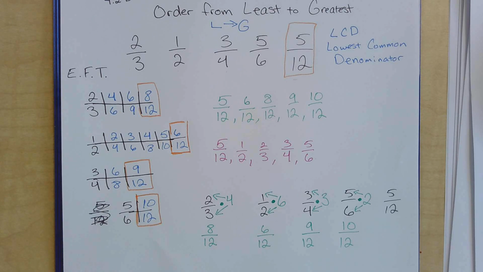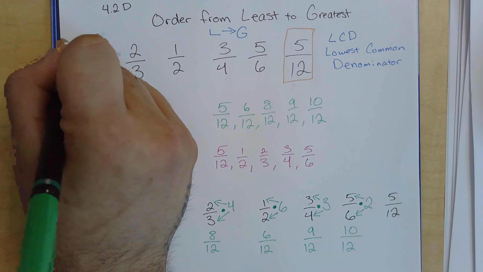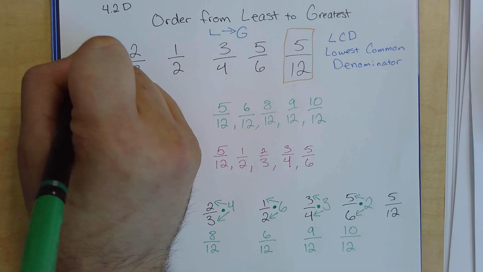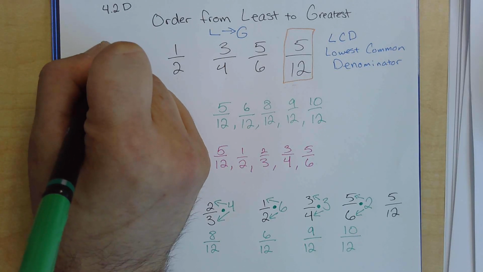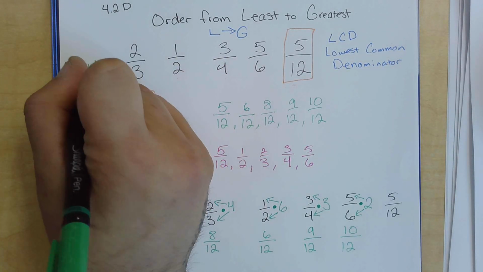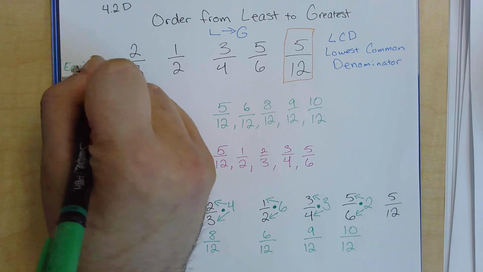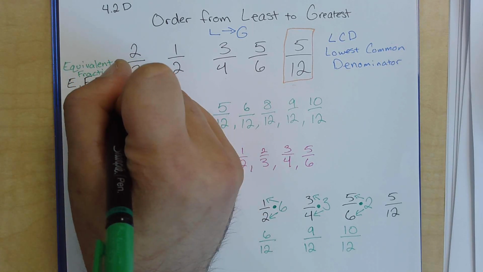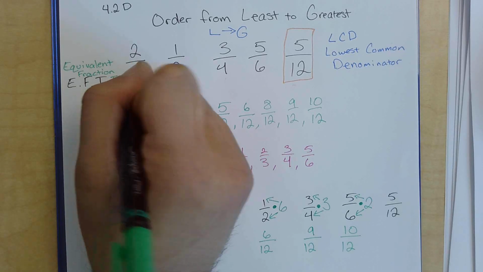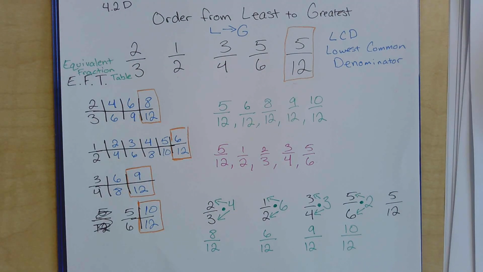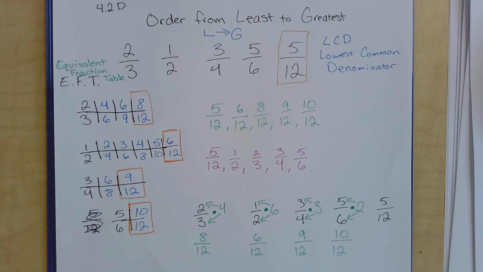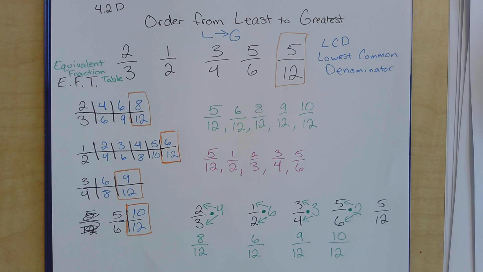One is called an equivalent fraction table. That's this one right here, equivalent fraction table. Okay, I'm sorry that's a little scrunched up in there, but equivalent fraction table. This is a good way to order fractions.